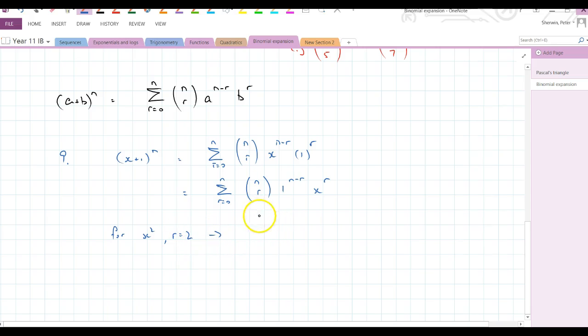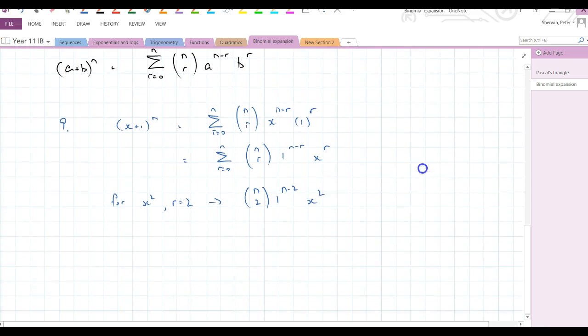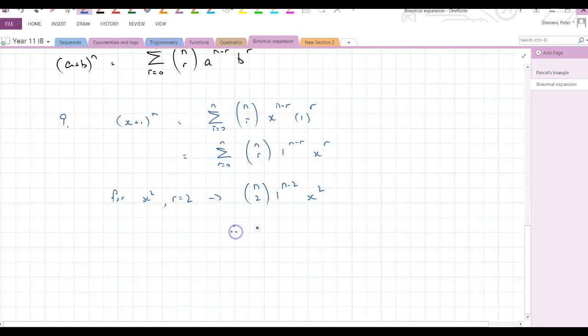So that term is nC2, 1 to the power of n minus 2. Again, that's just 1, x squared. So therefore, my coefficient of x squared is nC2.